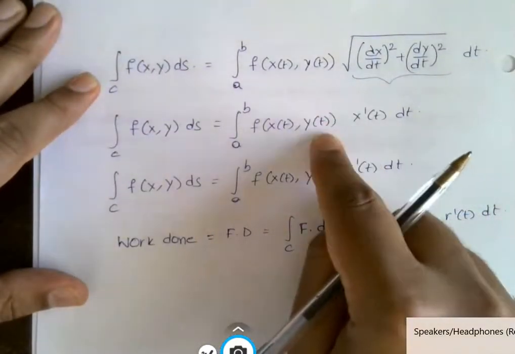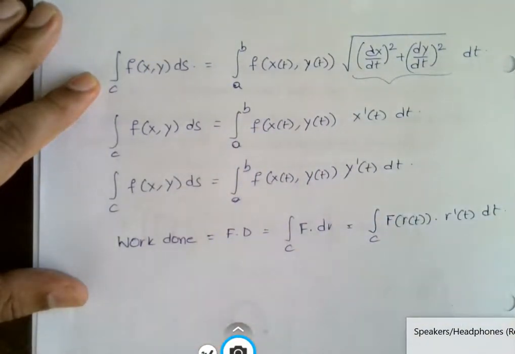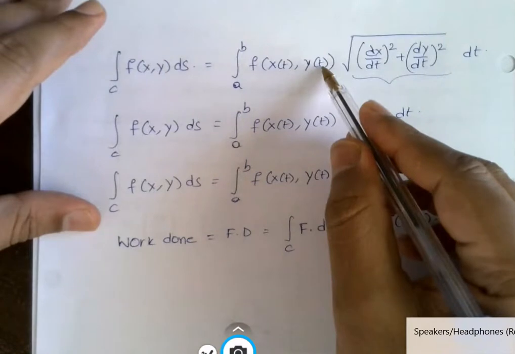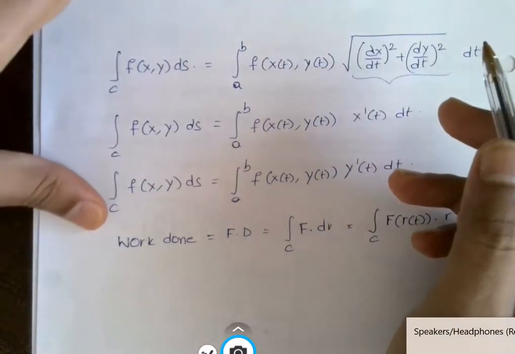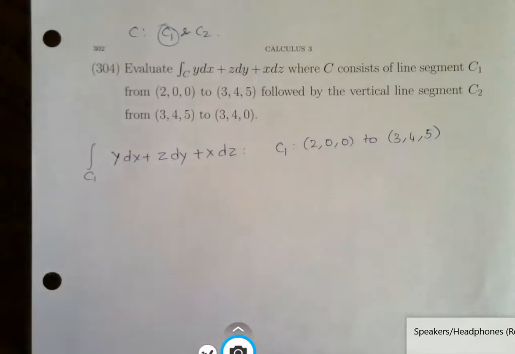I can go with this one, this one, or this one, which one should I go with? That's the question I have right now. But I don't have the values for x and y, so the goal is to come up with the values of x and y. So how do I come up with them?